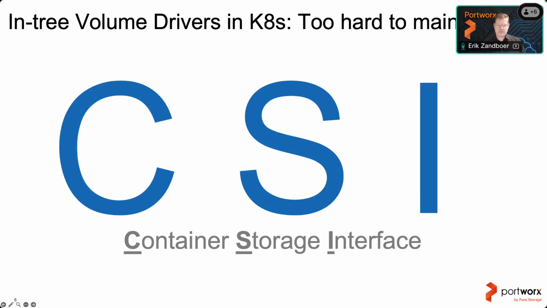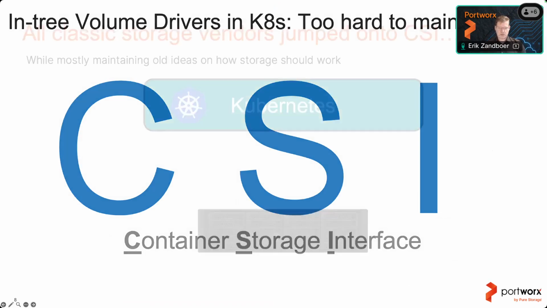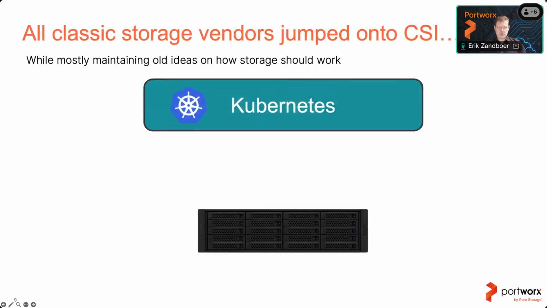So the Kubernetes developers were like, this is way better, because now we're not getting slowed down with all these in-tree volume drivers that we can't even test. Now it's just the CSI framework, and it's up to the vendors to build a solution. So as a result, all of the storage vendors dove onto CSI. And basically, this is what they came up with. You have Kubernetes, you have a storage array, you install your CSI driver specific to that storage array.